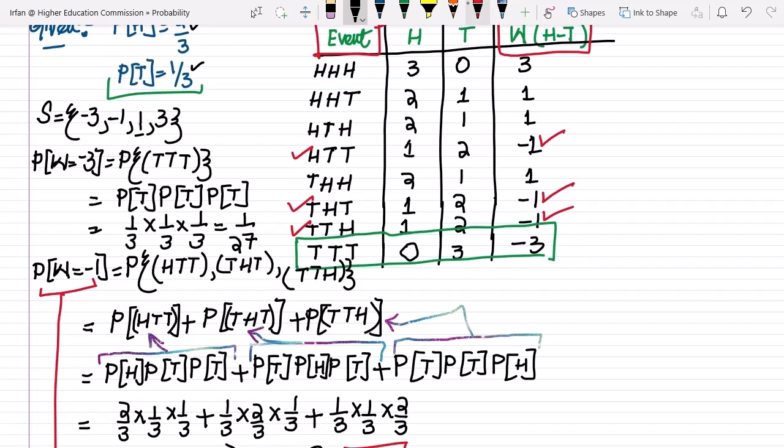Okay, so what are the events which have given me the probability W equal to 1? This one, and this one as well. So let me write them here.